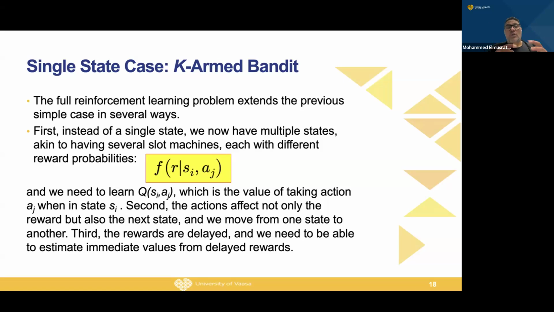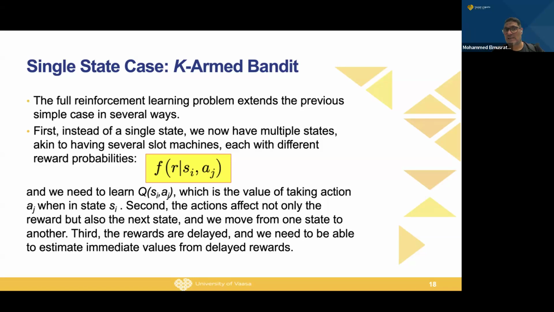Now, in a multi-state environment, when you take any action, if you are, for example, in state I and you take a certain action, this action will have two impacts, not one. It will have one impact on the reward that you will get, and also another impact on the next state that you will move to. So it is not as in the previous trivial case when we have a single state.